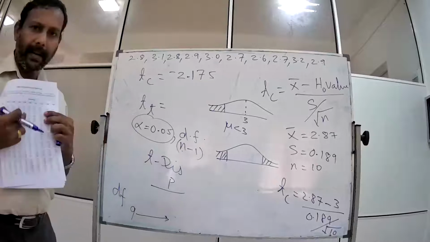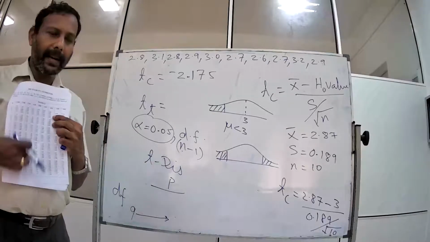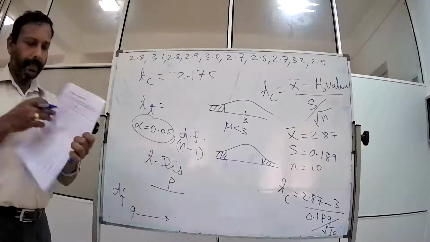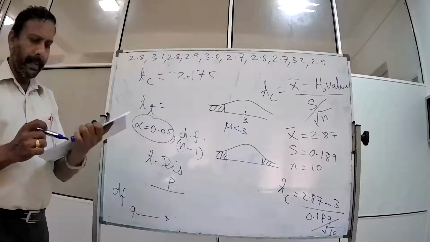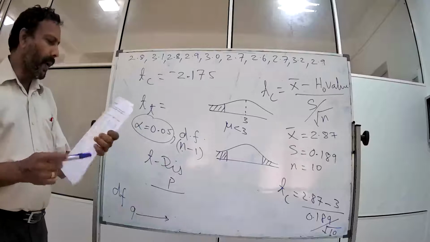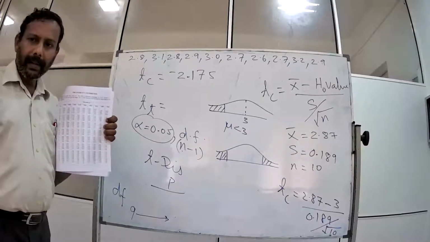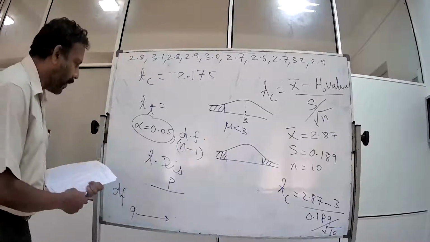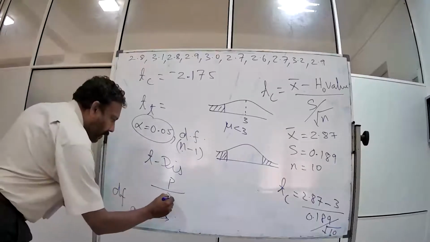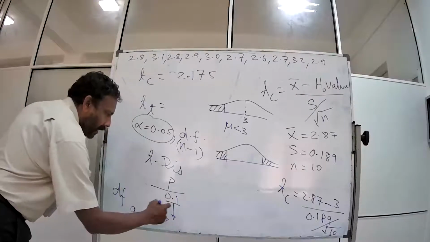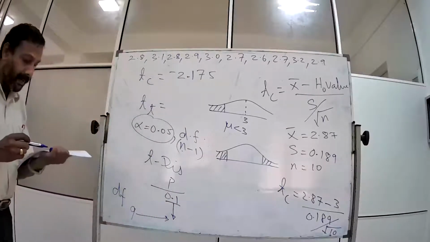So what is the P value that I will look at if my alpha is 0.05? Multiply by 2. So under which P value will I look? 0.1. Yes, I will look under 0.1. Do you know the reason why I am looking under 0.1?